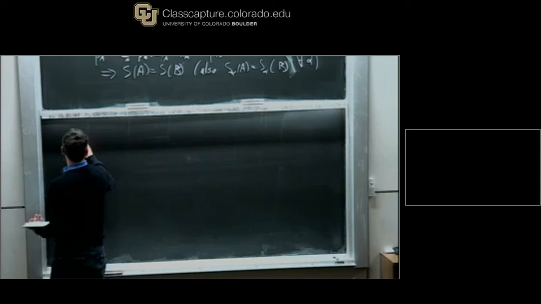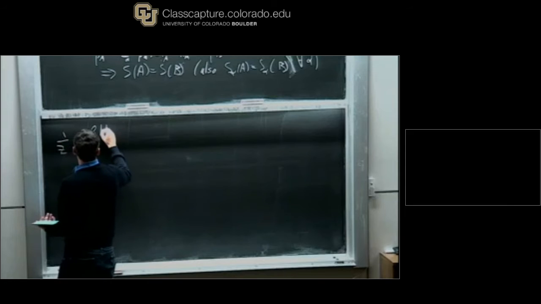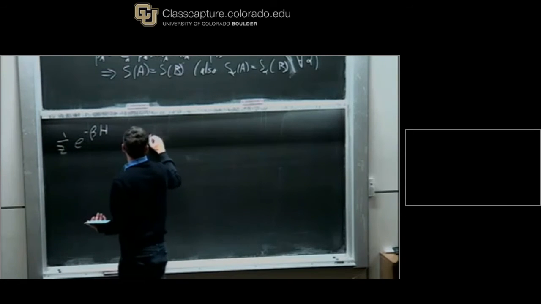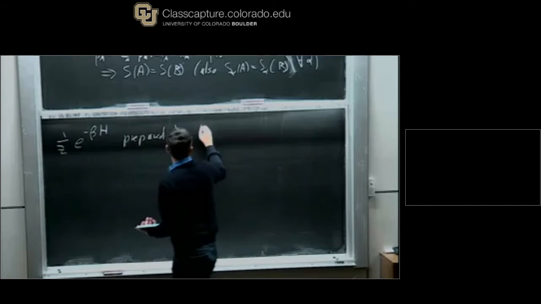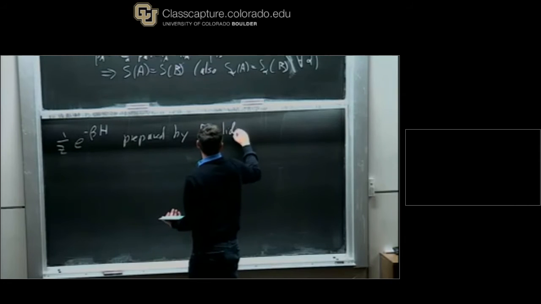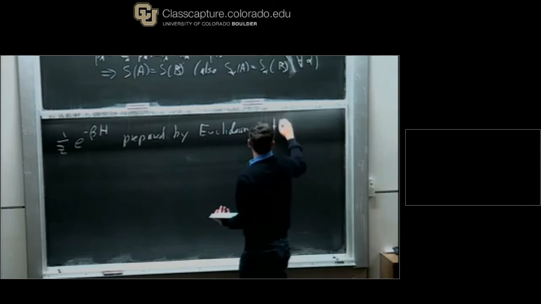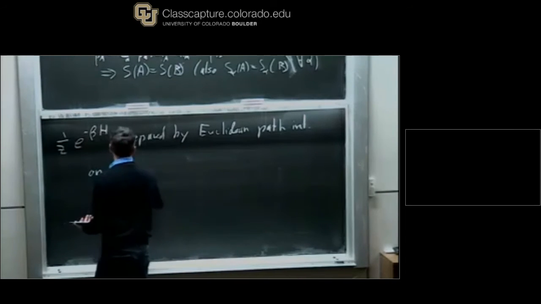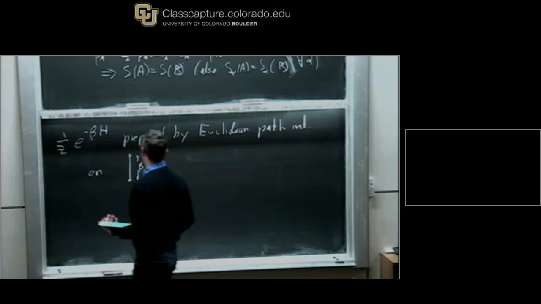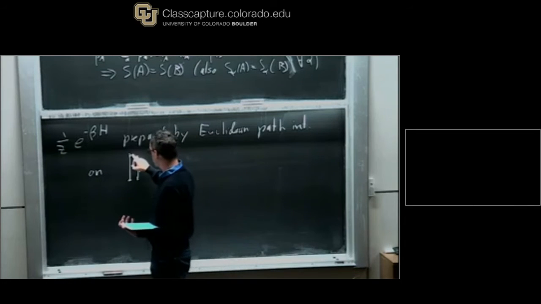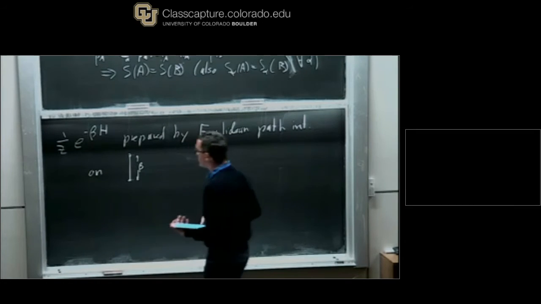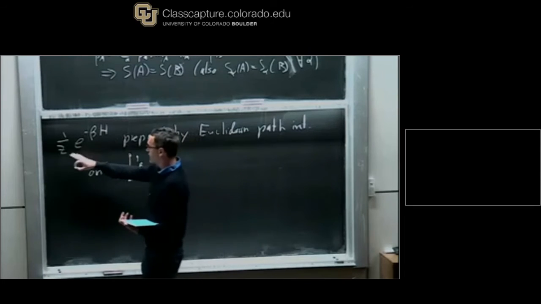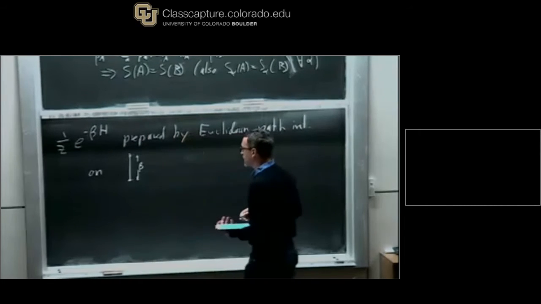So this operator is prepared by the Euclidean path integral on an interval of length beta. This is where I stick my ket, and this is where I stick my bra to get the matrix element of this operator.